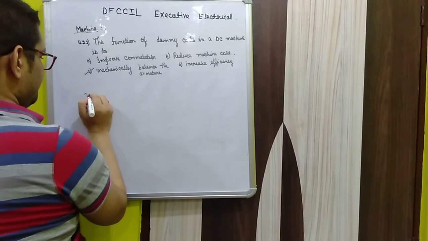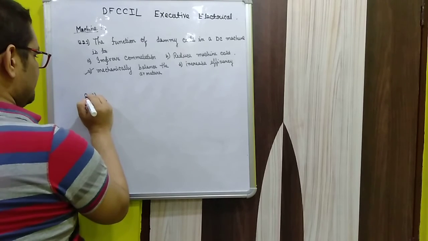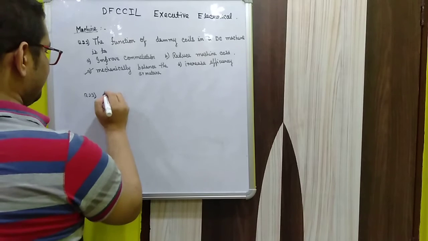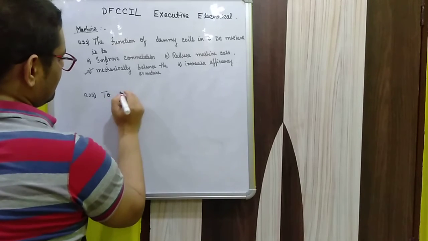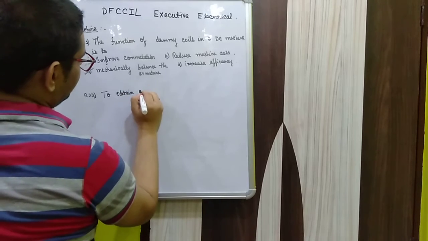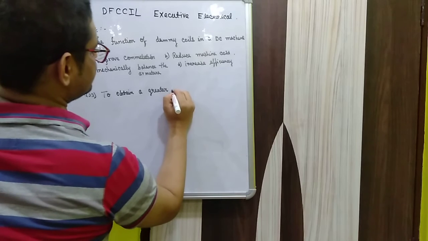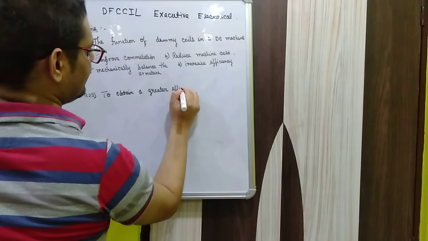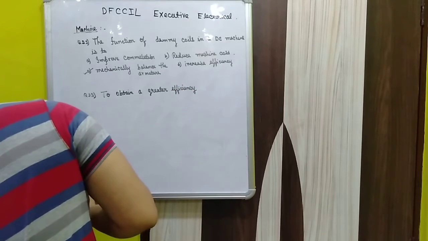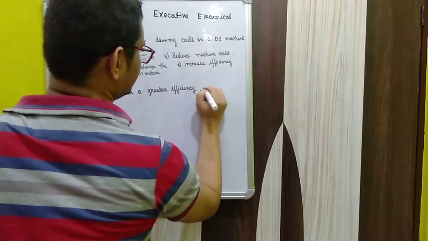Question number 22, what they are asking is: to obtain a greater efficiency, the slip of an induction motor should be.